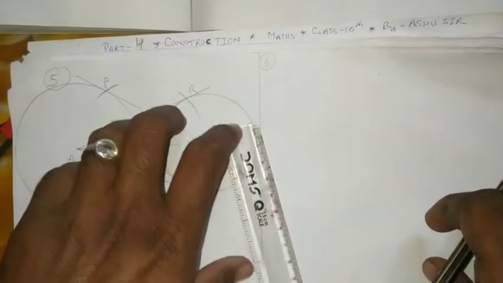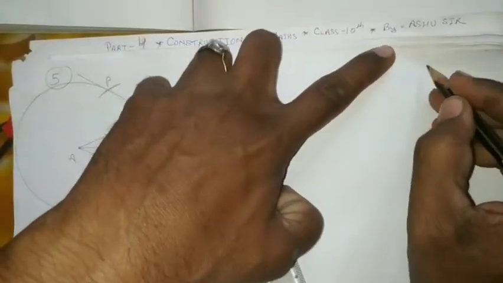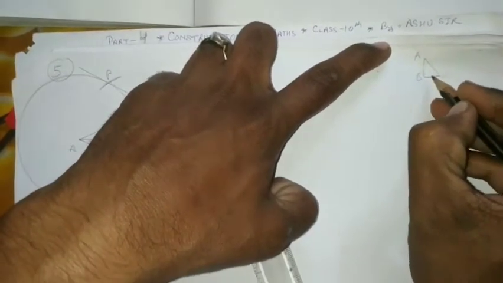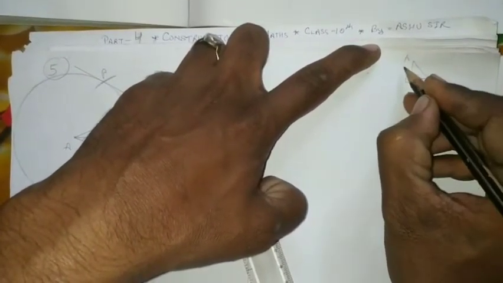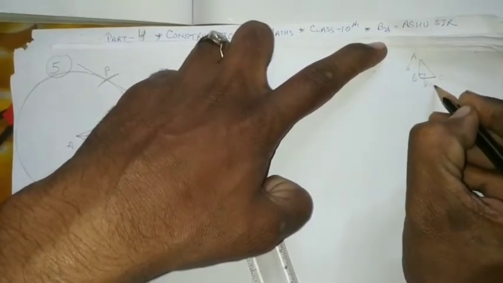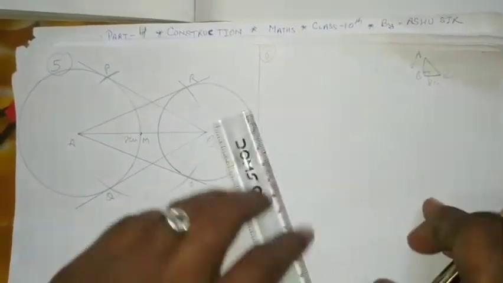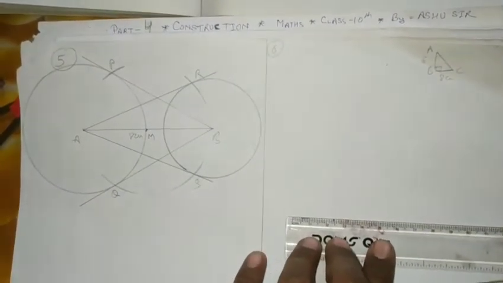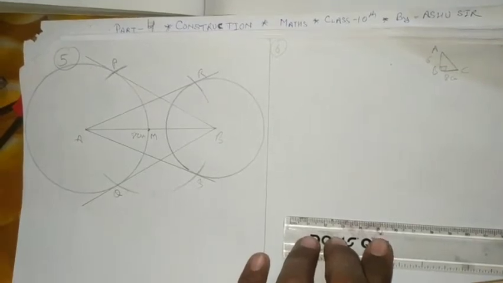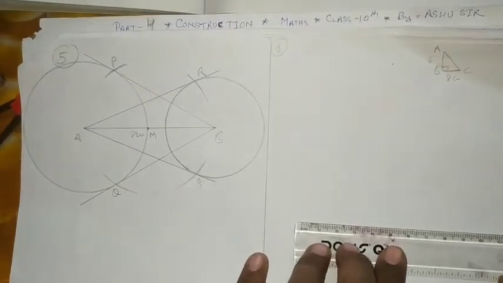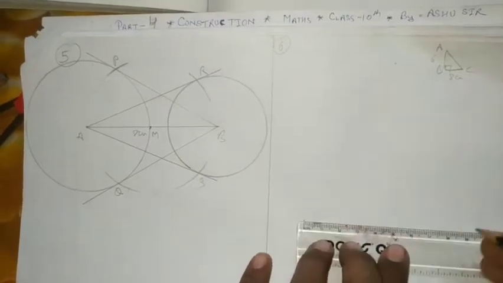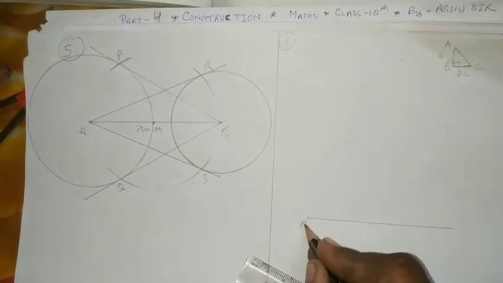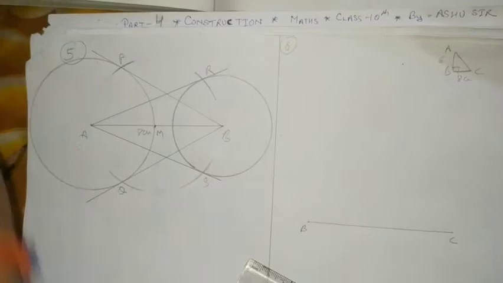So let's see. First we want to draw a triangle ABC, that is angle B 90, AB 6 centimeter, BC 8 centimeter. So first we construct a right triangle. BC is 8 centimeter. At point B construct a right angle.